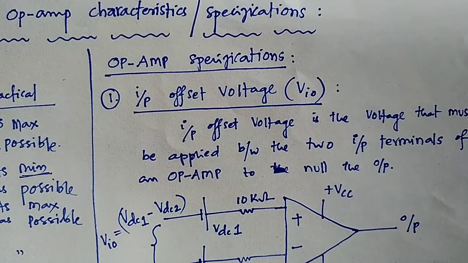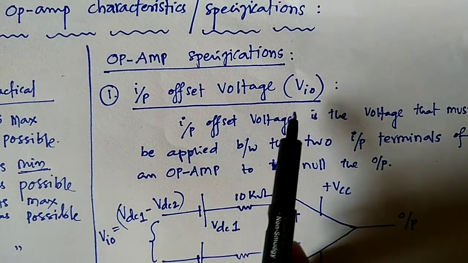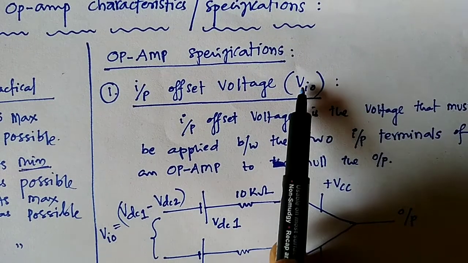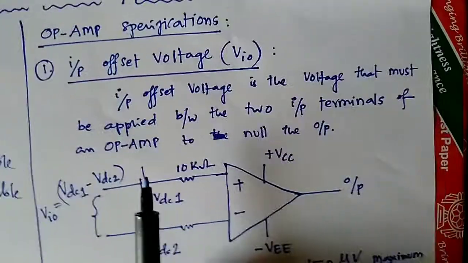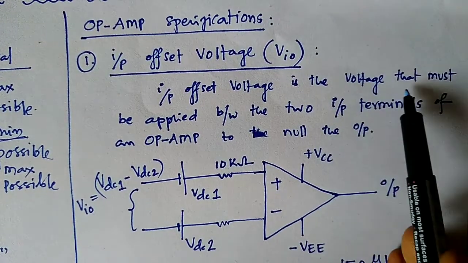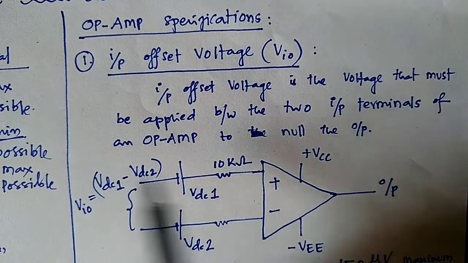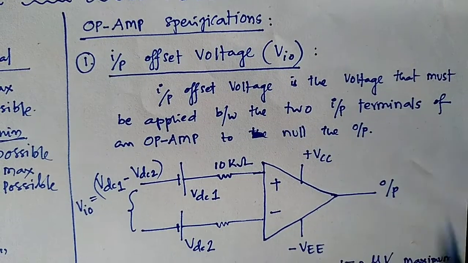The first operational amplifier specification is input offset voltage: I for input, O for offset, V for voltage. What is the definition of input offset voltage? It is the voltage that must be applied between the two input terminals of an operational amplifier to null the output.